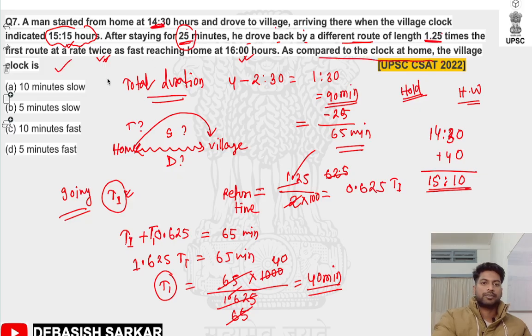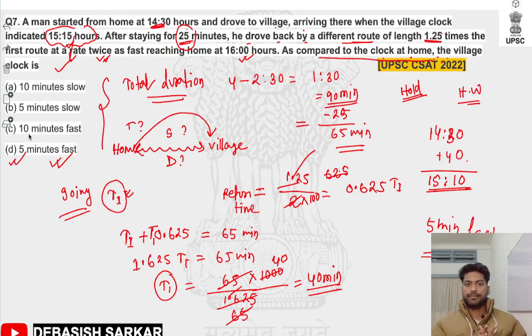So he reaches the village by 15:10, but the village clock showed 15:15. So the village clock was 5 minutes fast. So this was your answer: the village clock was 5 minutes faster.